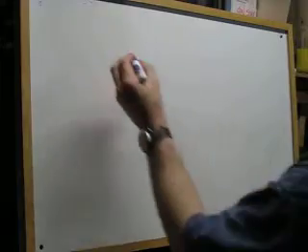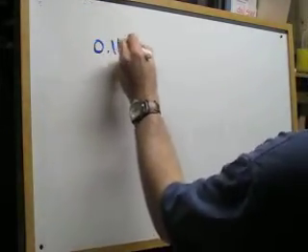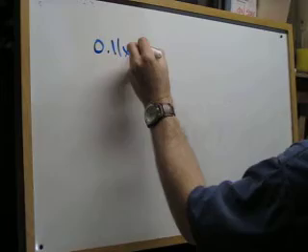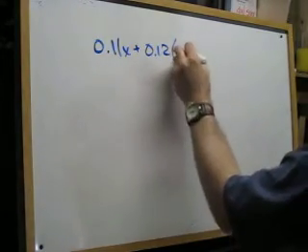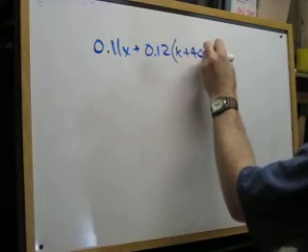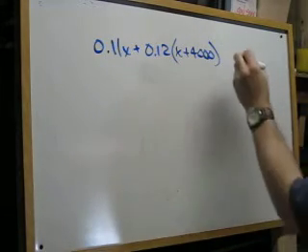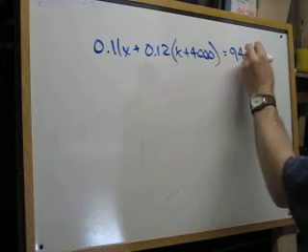So let's go to some problem sets on page 409 and do a couple of those. Just look at some of the ones that are a little bit trickier. Numbers 1 through 24, not really too much different than what we've done. Let's look at 24 though. 0.11x plus 0.12 times the quantity x plus 4,000 equals 940.